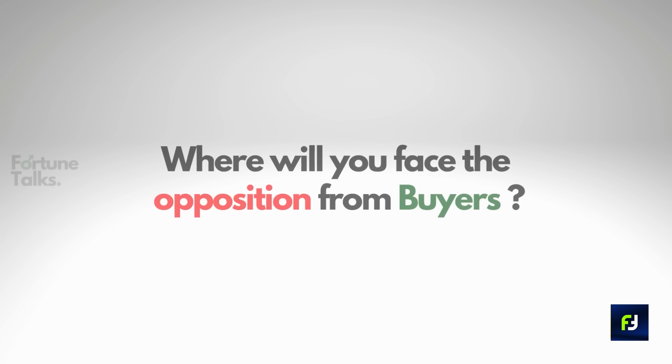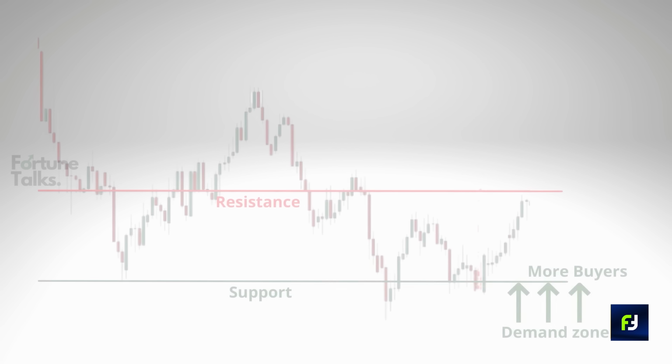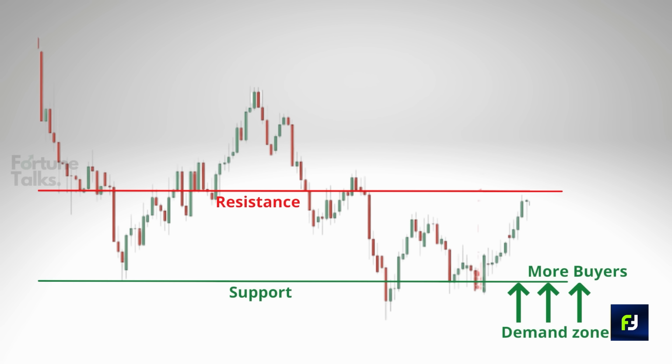Now also think about where exactly you will face an opposing pressure, or simply where do you think the buyers will come in so that they could buy at good prices. If you think about a good price at which the buyers would come in, and if you look at the chart, the chances are that buyers would always love to buy at an area of support.